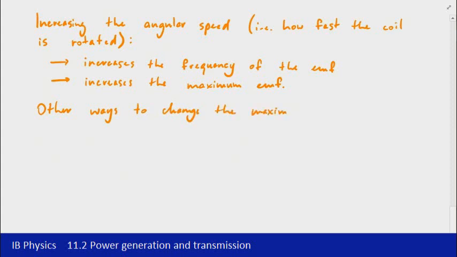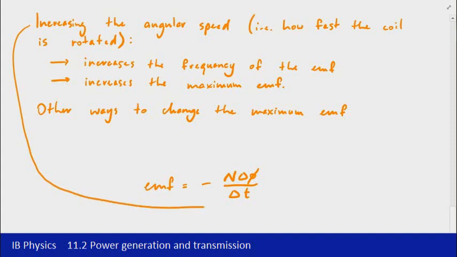And if you think about the scenario that we're dealing with, that first point, if we think about the equation that EMF is equal to negative N delta phi on delta t, what we're really doing for this first point is changing this quantity of delta t.